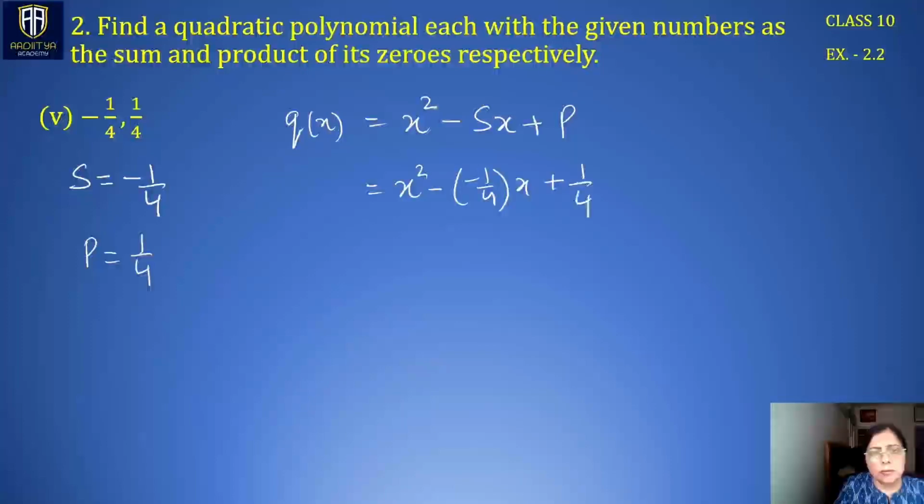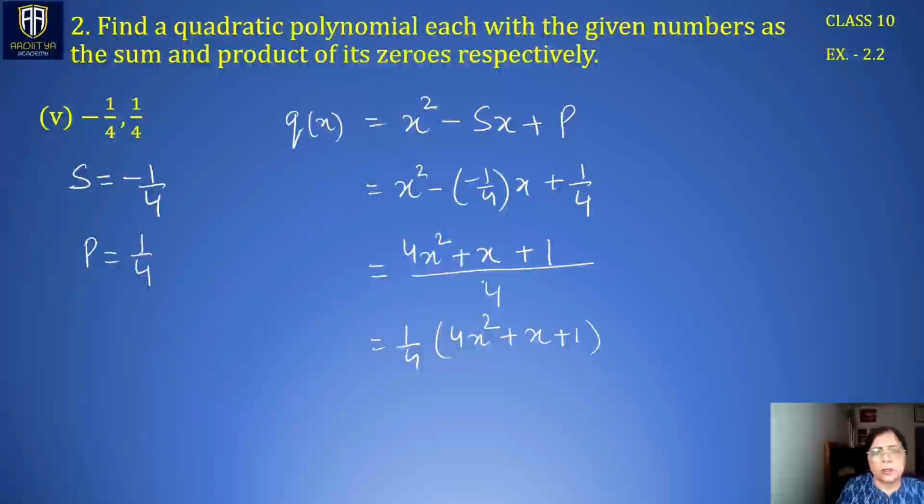Product is 1 by 4. So now we can take 4 as the LCM. So we have 4x square plus 1x plus 1. So you can take 1 by 4 as a common factor outside, keeping all the terms in a bracket. Right? 4x square plus x plus 1 multiplied by this constant 1 by 4. So this is our polynomial.